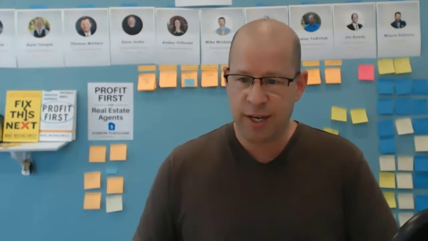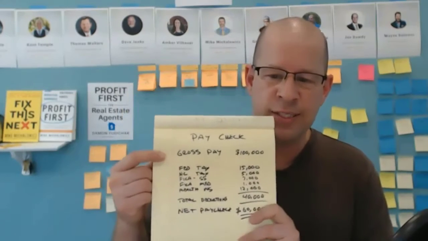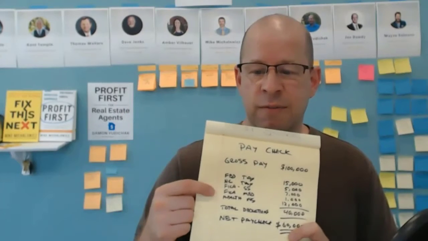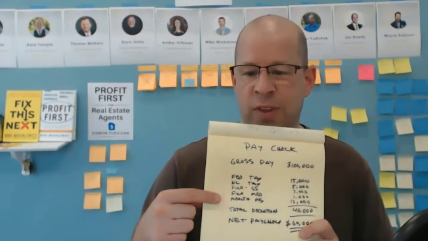When we look at our paycheck, we have this thing called gross pay. In this instance, we've got gross pay of 100,000, federal taxes of 15,000. I live in North Carolina, so I'm just going to say it's 5,000 in North Carolina tax.